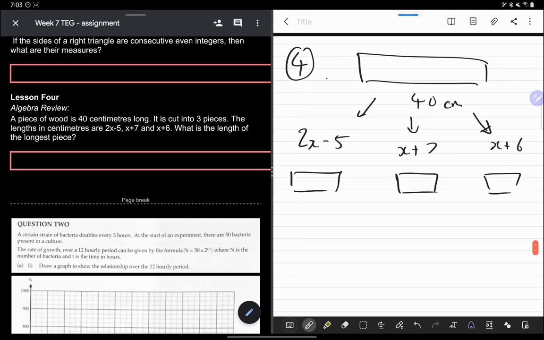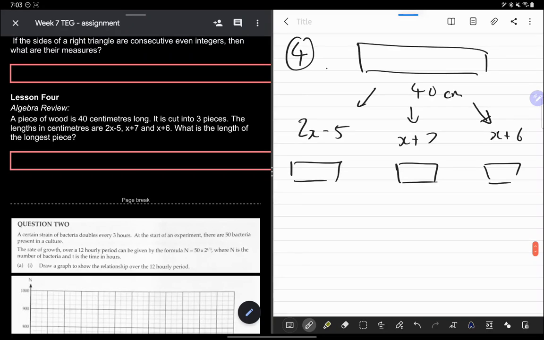Okay, so now we have to make an equation out of this. Whatever x is and whatever these lengths are, the one thing that we do know is that when I add them all up, they should become 40. So let's write it like that. Should equal 40.